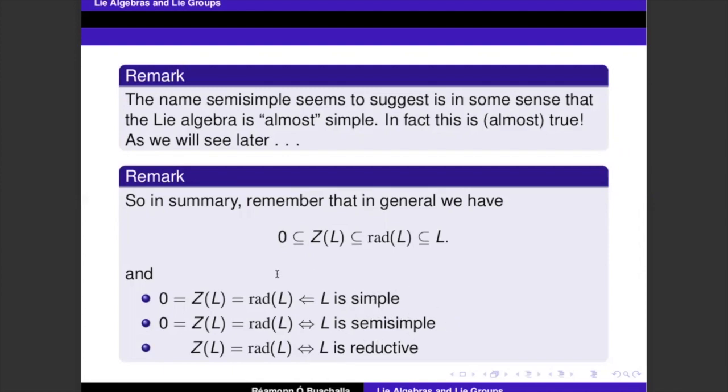But this is what's coming later. A remark here is that for this section, for the definition of these three things, just remember this inclusion, and then requiring equality of these things and a relation to zero. That is what simplicity, semi-simplicity, reductivity is all about. It's all about this inclusion here. Okay.